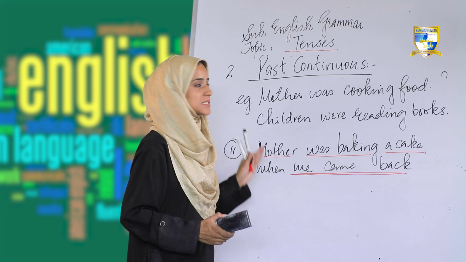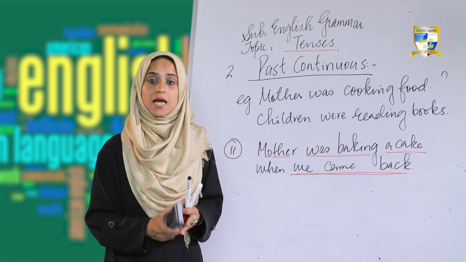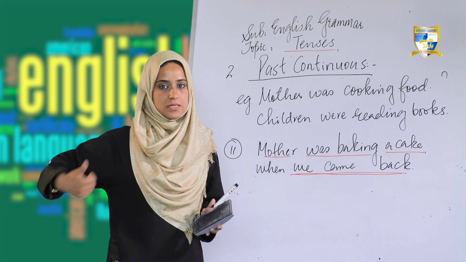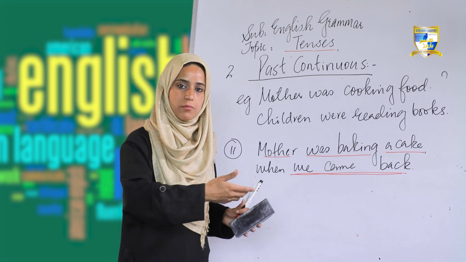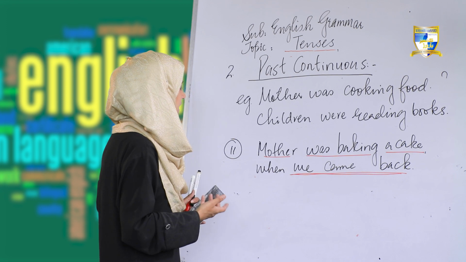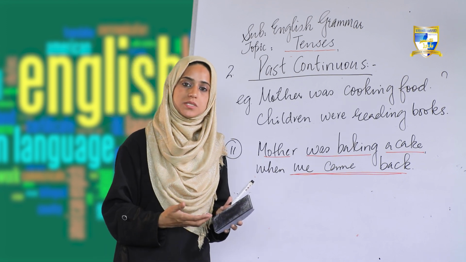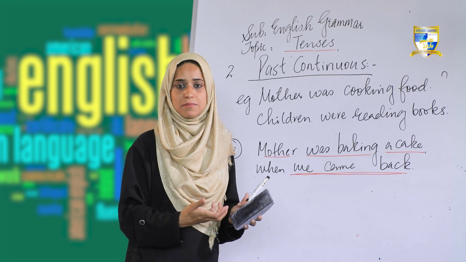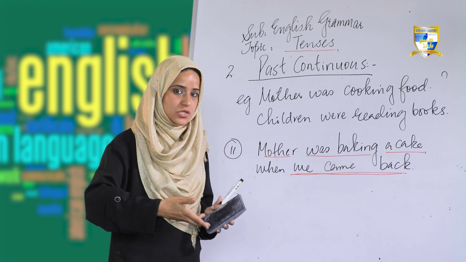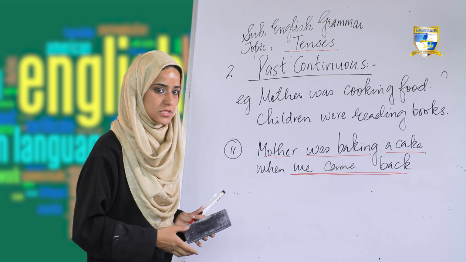I repeat, past continuous tenses denote the time of an action that took place in the past and was in progressive form and was still going on. Second use is that it denotes the time of an action that began at some time in the past and the other action also took place.